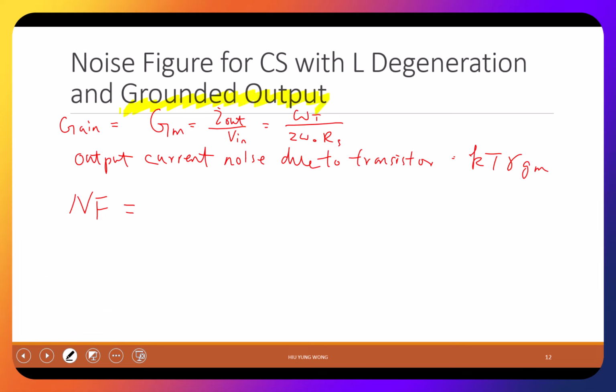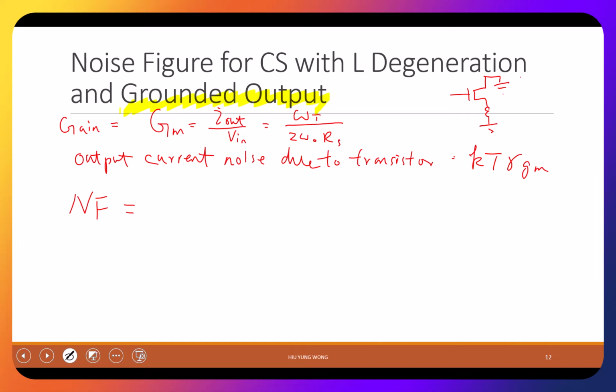Let's do it step by step. So what I'm doing now, again, is the noise figure for common source only, no Cascode, right? With L degeneration and grounded output. So what I'm doing now is just this circuit. I'm finding the gain of this circuit and the noise of this circuit.